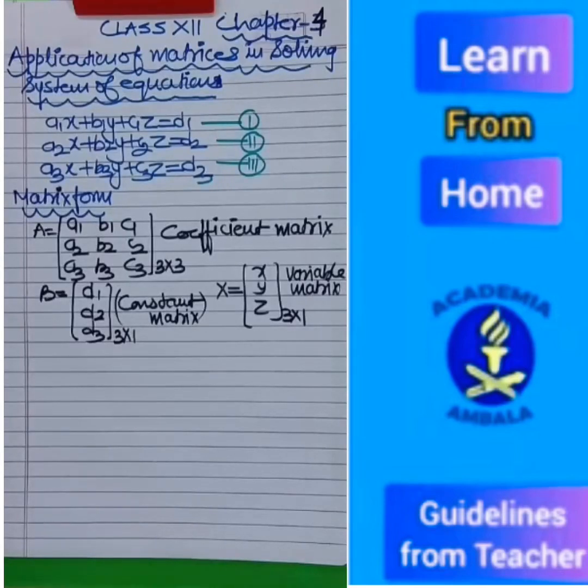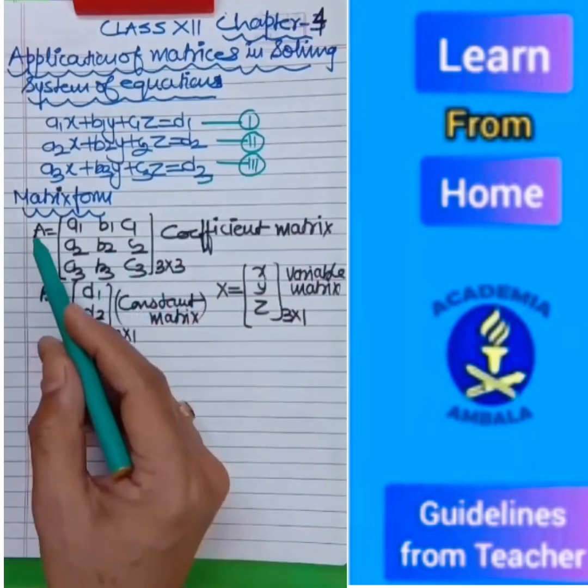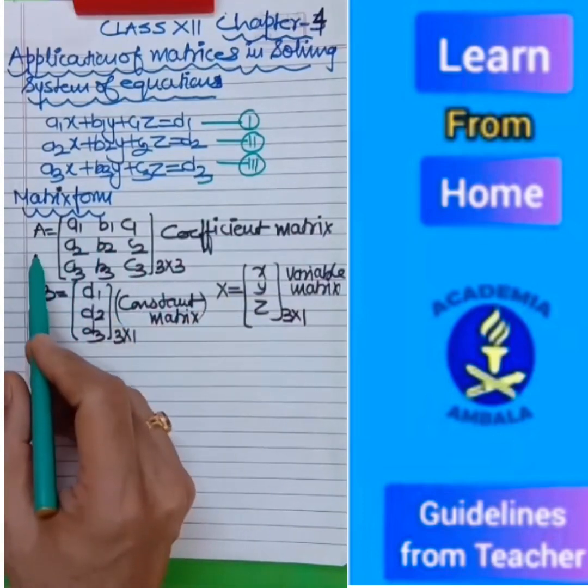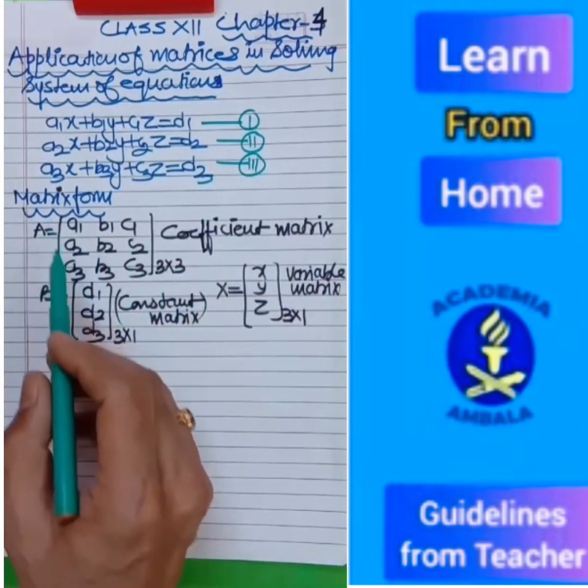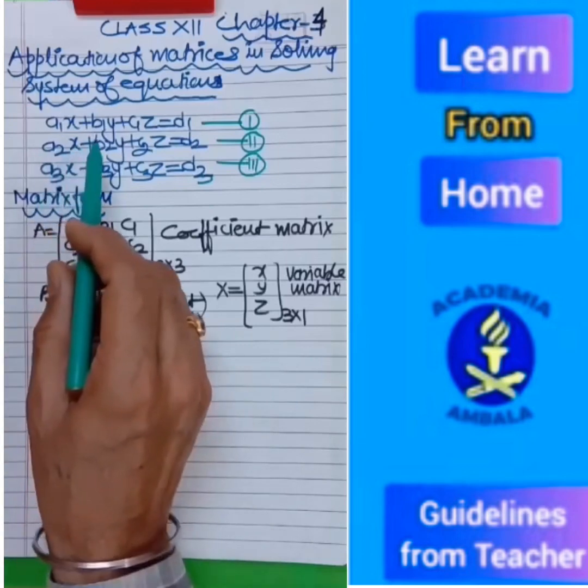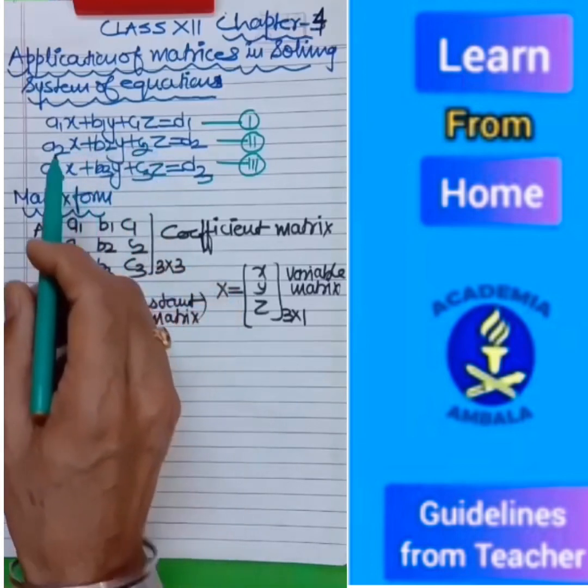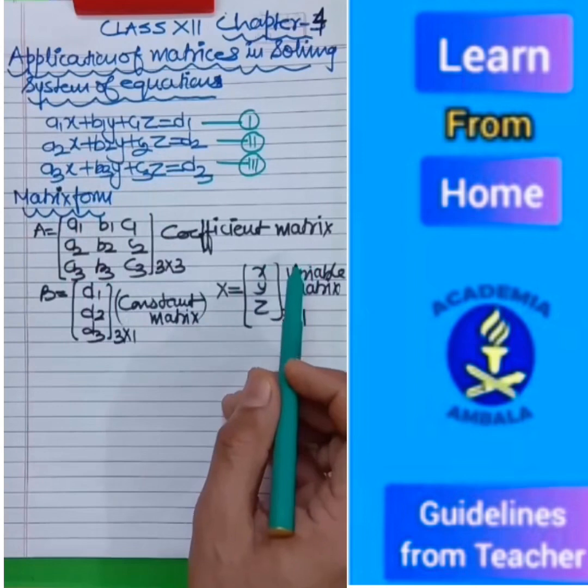Good morning, children. Now, this is the application of matrices in solving system of equations. We have three equations in x, y, z. In matrix form, we can write firstly all the coefficients of these three equations in the form of a matrix.